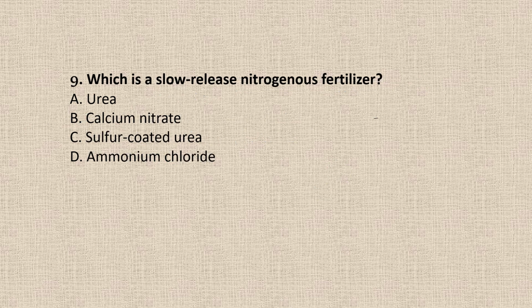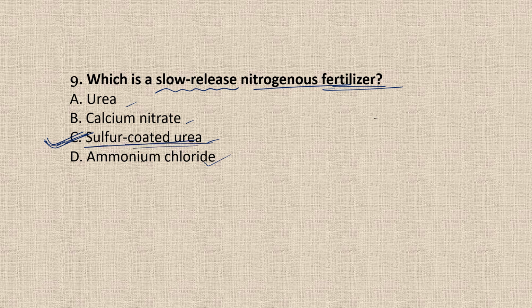Now question number 9 says which is a slow release nitrogenous fertilizer. Which of these following is a slow release nitrogenous fertilizer? Urea, CAN, calcium nitrate, sulfur coated urea or ammonium chloride. So guess, if you don't know, then I gave you a similar question in a previous question also. Option number C is the right answer, sulfur coated urea.